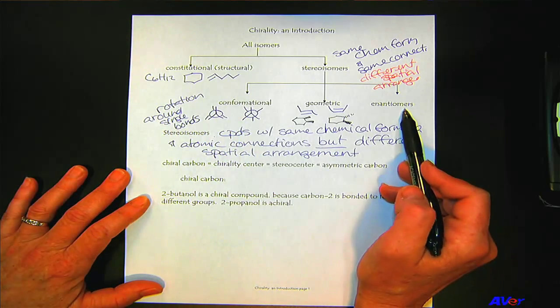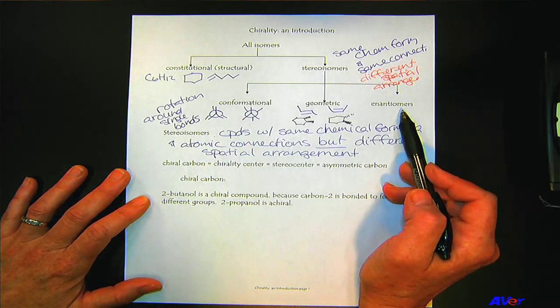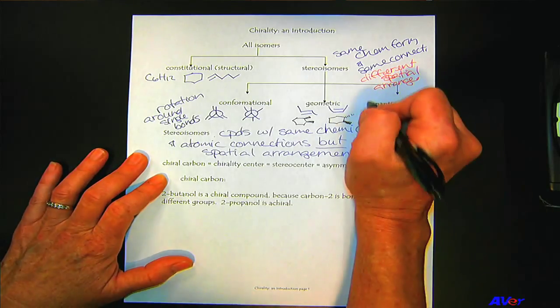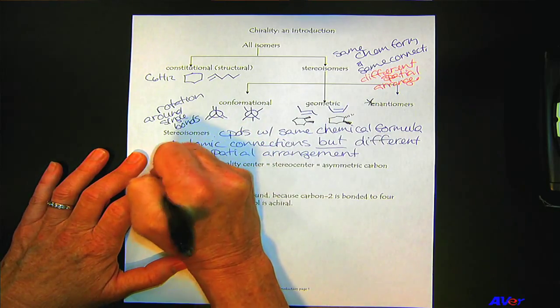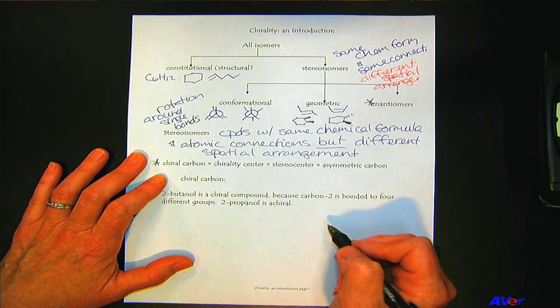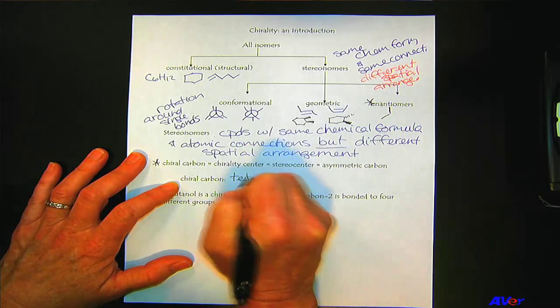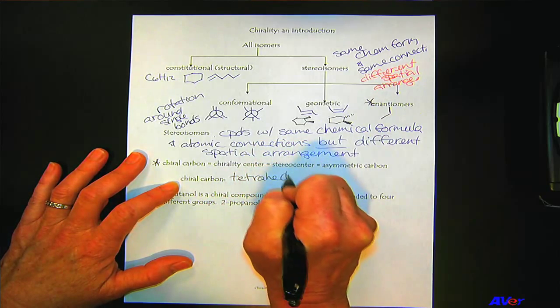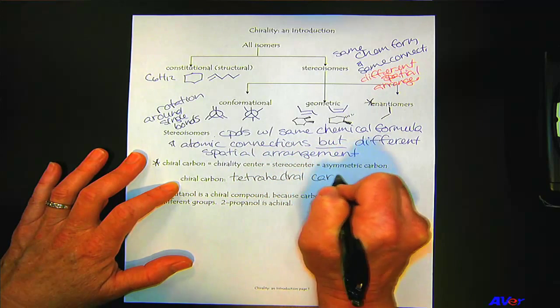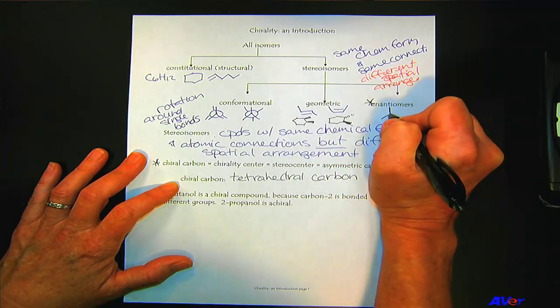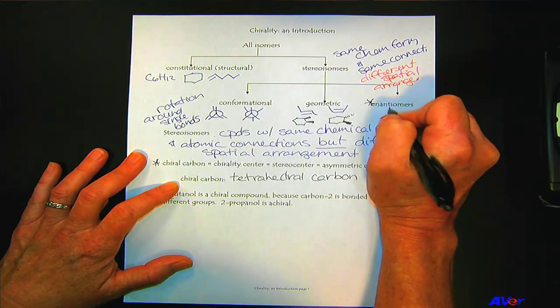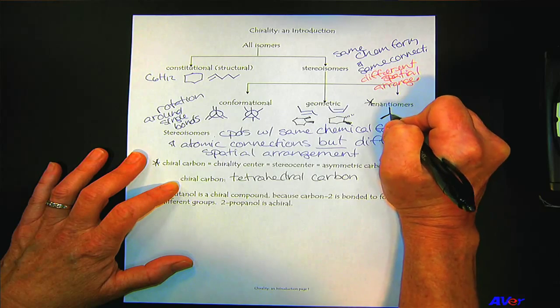Now comes the new part, enantiomers. And this is where we have a chiral carbon, right? So what in the world is a chiral carbon? A chiral carbon is a tetrahedral carbon. All right, so remember for tetrahedral, right, in the plane, and then there's the wedge coming out and the dash going back.